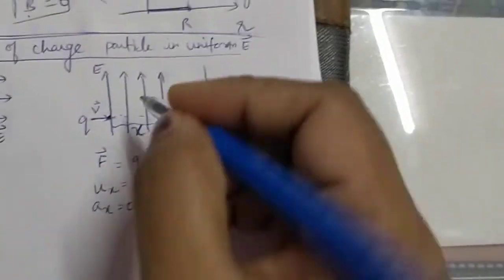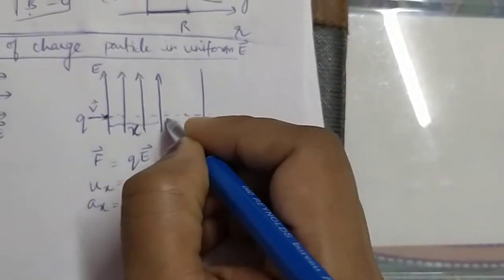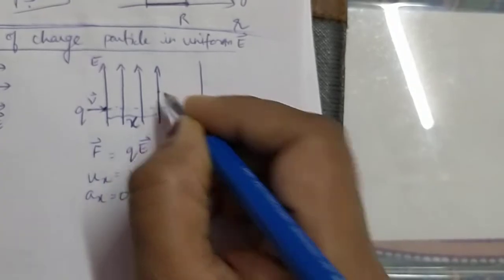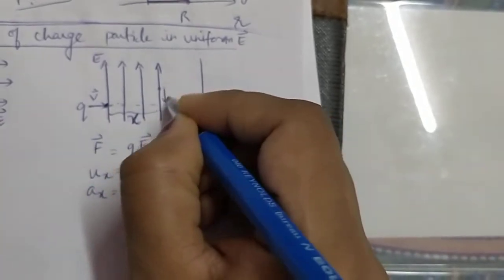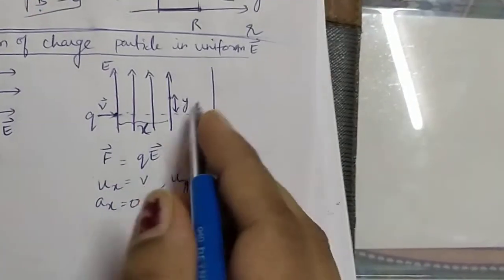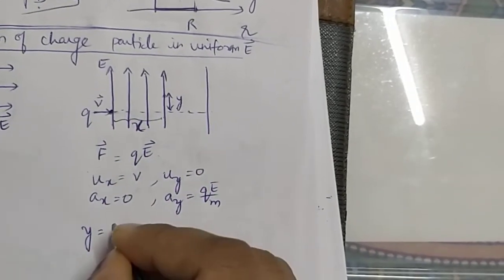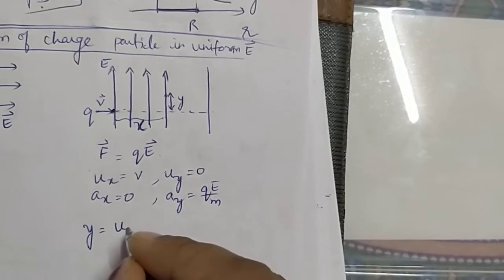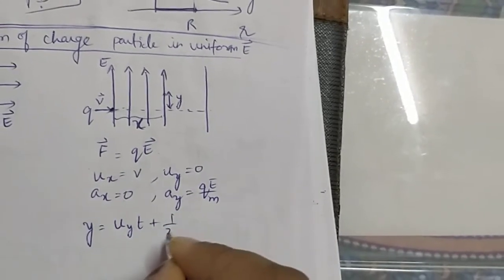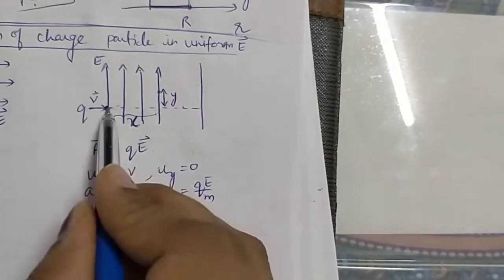Let us see. Suppose after some time, at x, this particle reaches y. This is the displacement along the y-axis, that means sy, or just y. y is equal to uyt plus half ay t square. Now how to find t, the time from here to here?